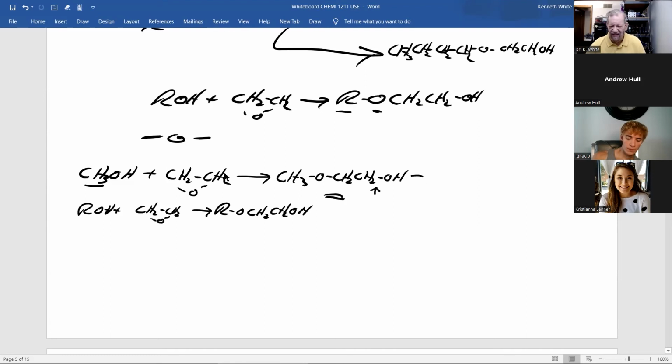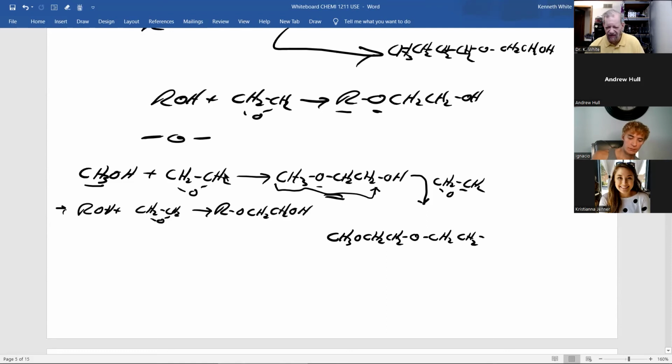And guess what? I can react it with more ethylene oxide, and I'll put it here. Now, this will not react with this ether, so my new R group is this, but I'll still use the same reaction. And what I'll get, here's my R group of the new alcohol, and then oxygen, CH2, CH2, OH. And this is a new one.